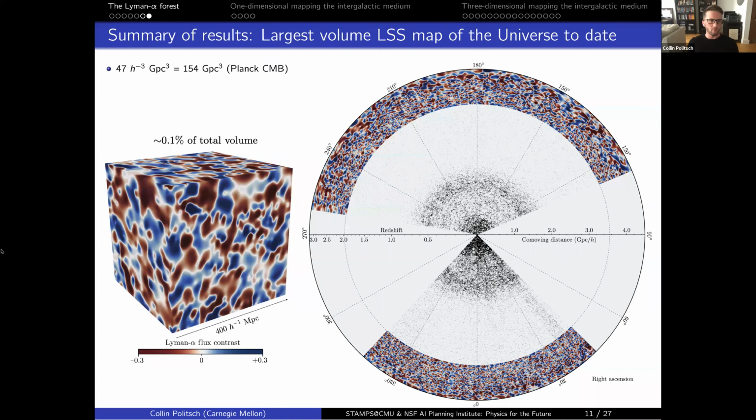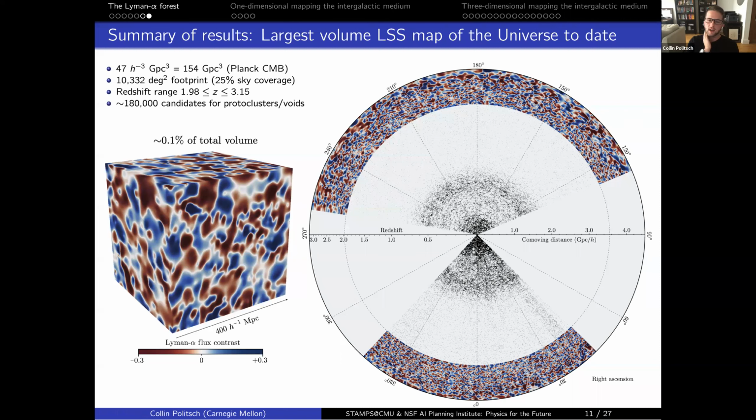As far as the sky coverage, approximately 10,300 square degree footprint, which is about 1/4 of the sky. I'll show you another cross section of the map that gives you a better sense of the sky coverage here in a moment. As I said before, it spans the redshift range 1.98 to 3.15.